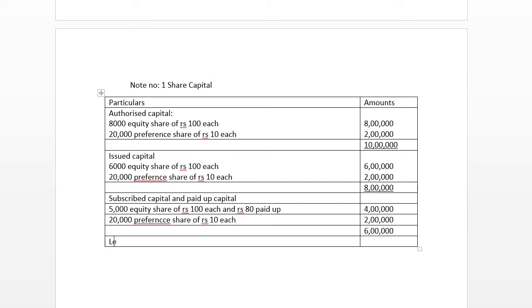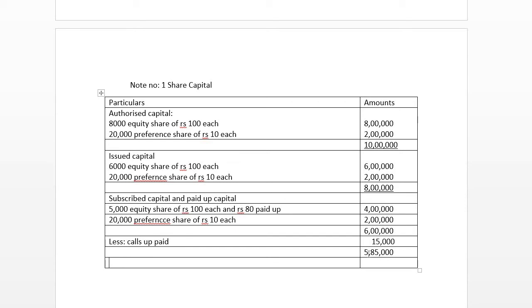At that time we are going to remove the calls unpaid. Suppose any of the calls are unpaid, either it might be the director, the officer, or the shareholder. Assume that 15,000 is the amount of the calls unpaid. Then we are going to remove it, and the amount which is available is 5,85,000.